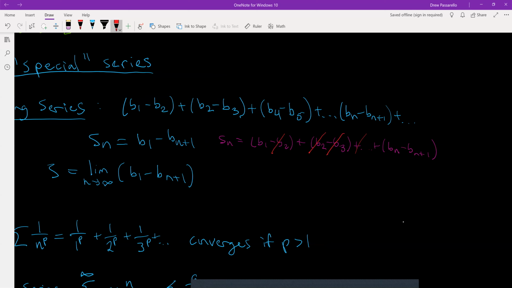And then you'll have a negative Bn cancel with the positive Bn. So that leaves us with Sn equal to B1 minus B subscript n plus 1.